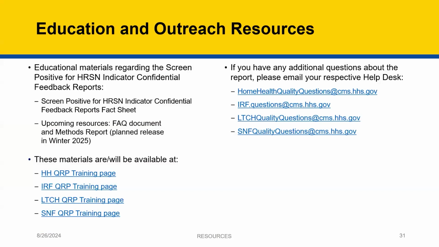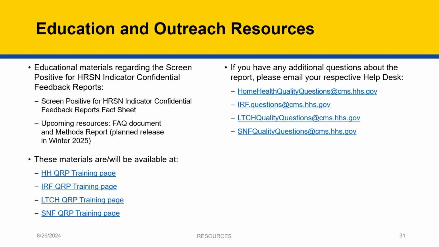The fact sheet is available as of October 15, 2024. The FAQ document and methods report are planned for release in January 2025. Upon their release, each of these materials will be available on each PAC QRP's training website listed here.